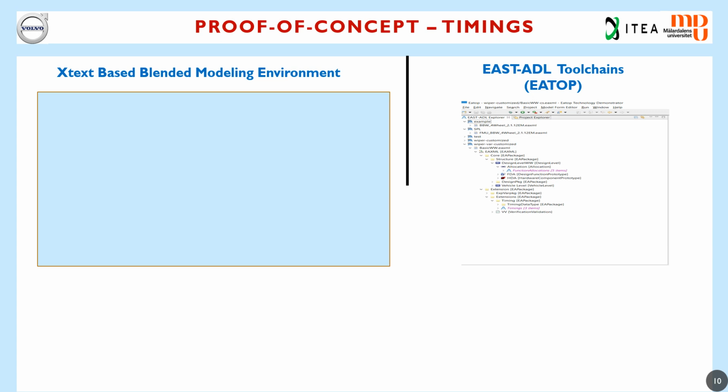So let's move to the first proof of concept, which is about the blended modeling of eSTDL timing constraints. Here we have used EATOP to model the Viper case study design without any information about the timing constraints.